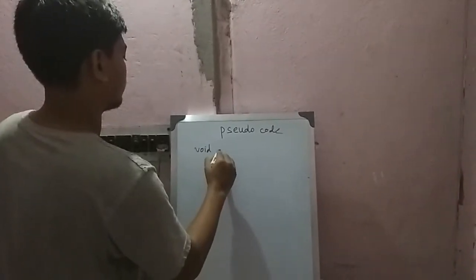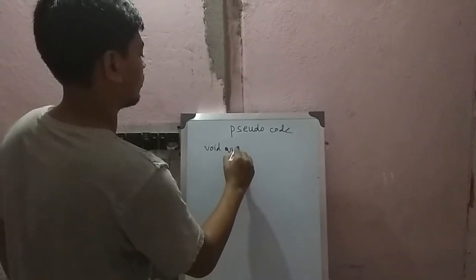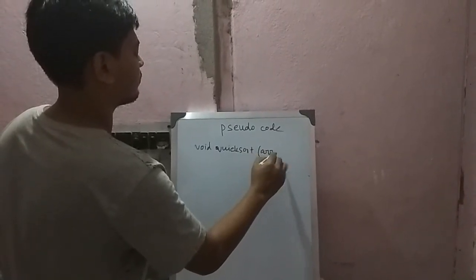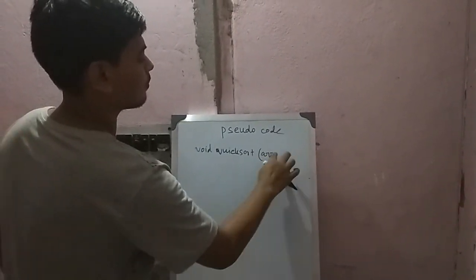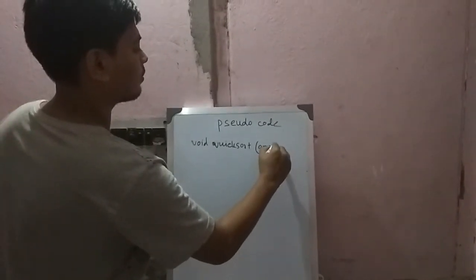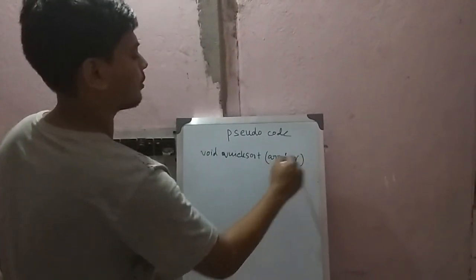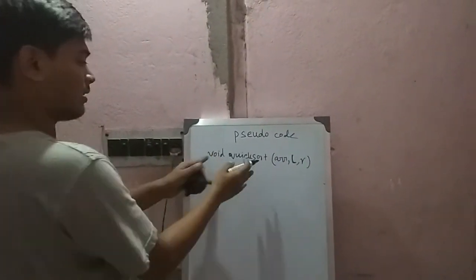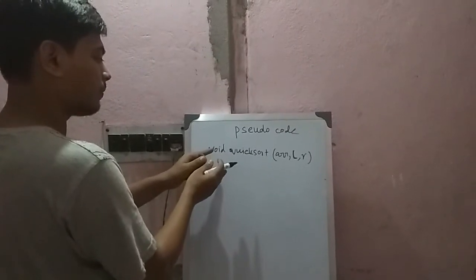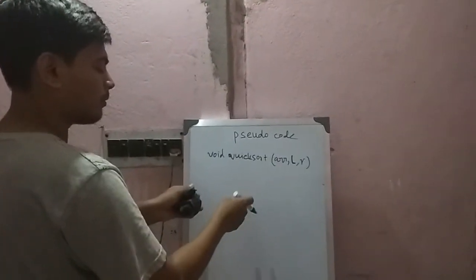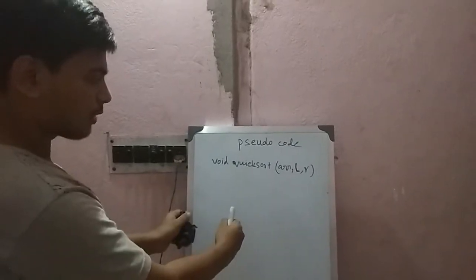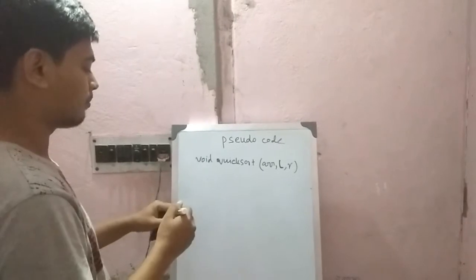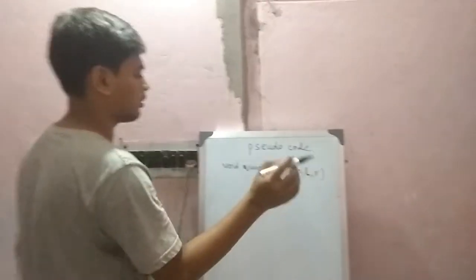Take a quicksort function, and you pass the array, the low element, the leftmost element, and the high element, the rightmost. It is like merge sort, so we can recursively call the quicksort function again and again, first for the first part of the array, and second for the later part of the array, and then we apply the partition algorithm. There is a partition algorithm.